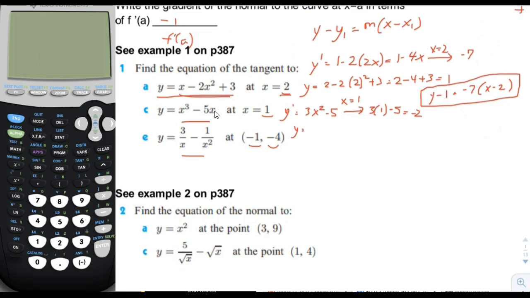We just plug it directly into the function. y equals x cubed, which is 1. 1 cubed is 1. Minus 5 times 1, which is negative 5. And that will be negative 4. So we'll have y minus negative 4, which is y plus 4, equals negative 2 times x minus 1.